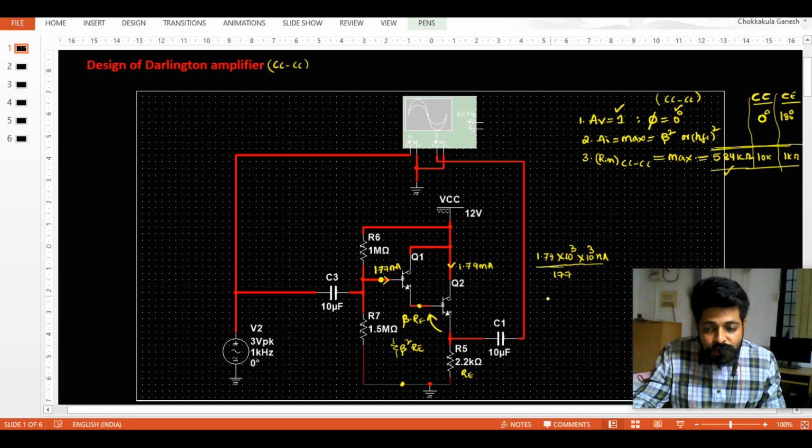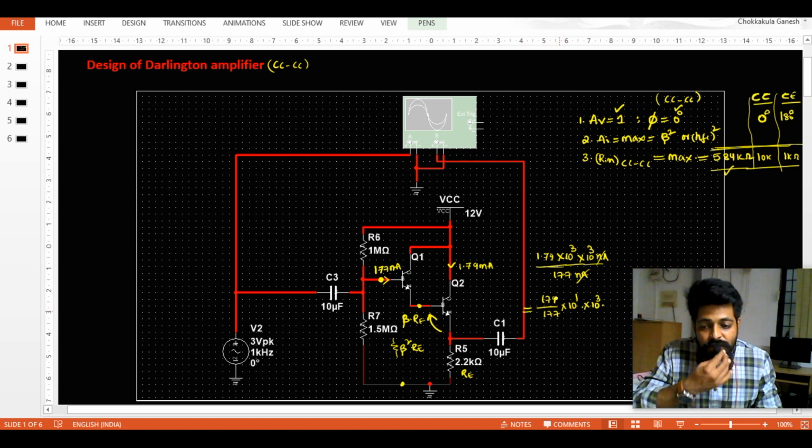So 179 by 177 into 10 to the power of 3, this is also in nano amperes. This much current gain I got. Approximately this will be 1, and that will be 10 to the power of 4.